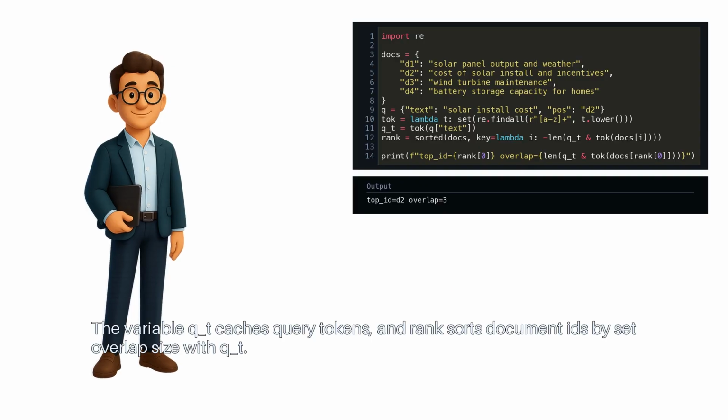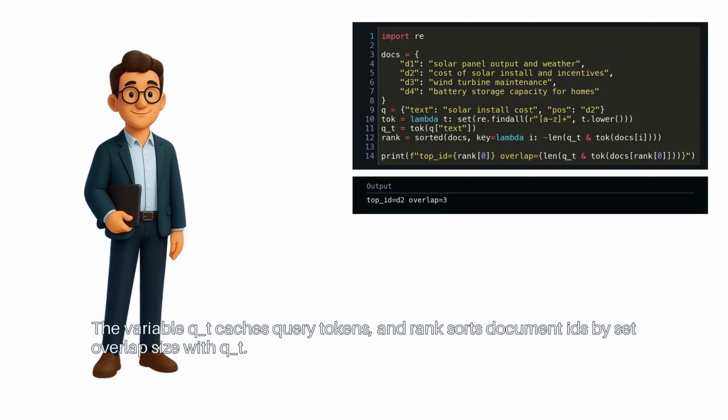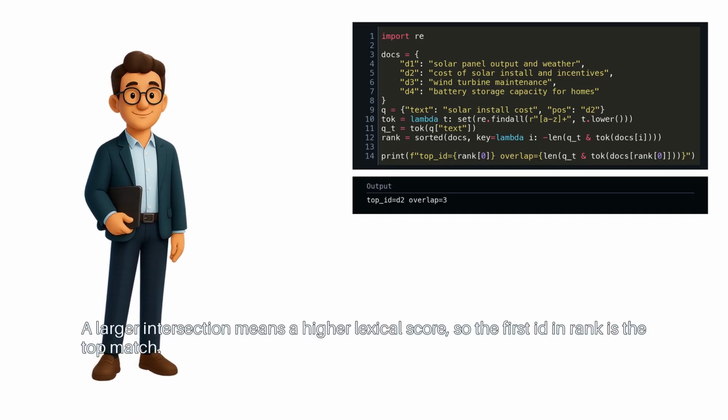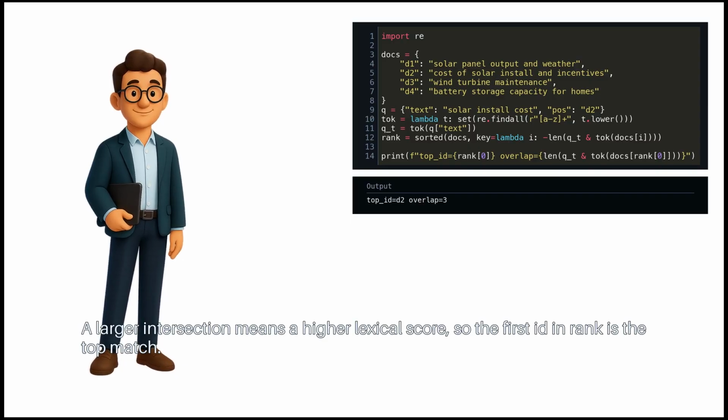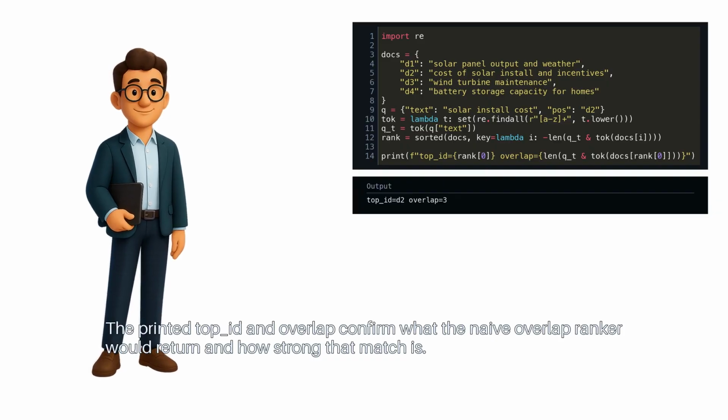The variable Qt caches query tokens, and reg sorts document IDs by set overlap size with Qt. A larger intersection means a higher lexical score, so the first ID in rank is the top match. The printed top ID and overlap confirm what the naive overlap ranker would return, and how strong that match is.